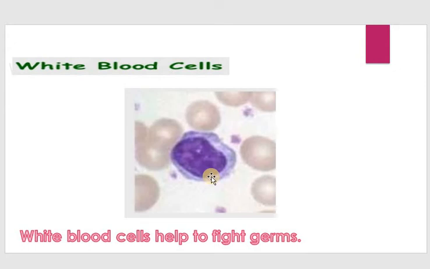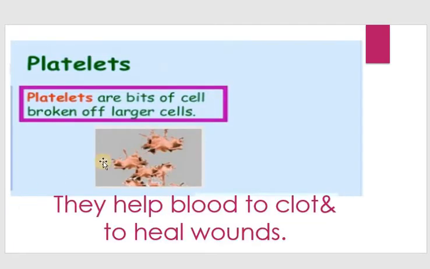Okay, now move on. Next one is, can you tell me? Platelets. Platelets are bits of cells broken off larger cells, or you can say they are fragments, but they are very important.